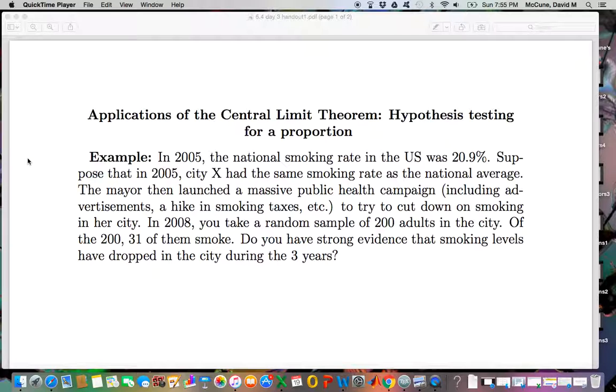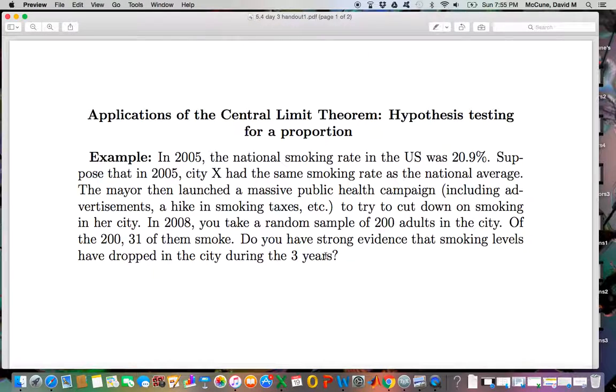Okay, so this example has sort of two claims wrapped up into it. And notice I'm only answering the first one of them. The first question you might ask is, do we have evidence that smoking levels dropped? That's the problem that we will deal with here. The follow-up question, of course, is, do we have evidence that it dropped due to these measures by the mayor?